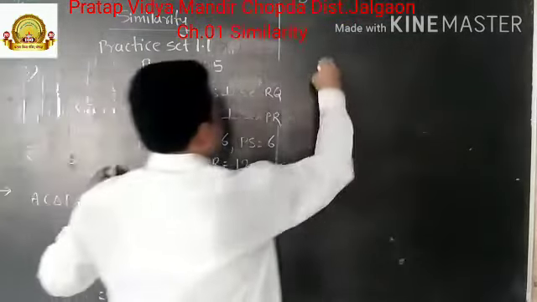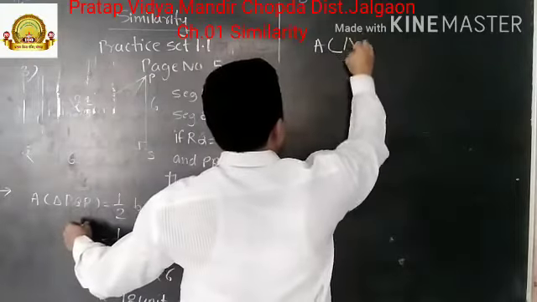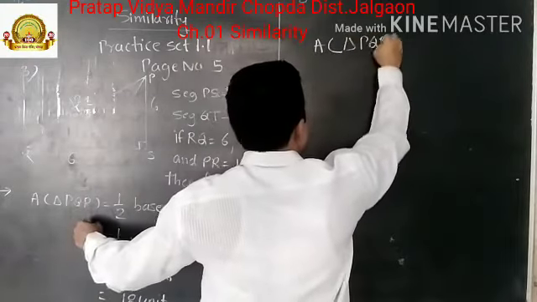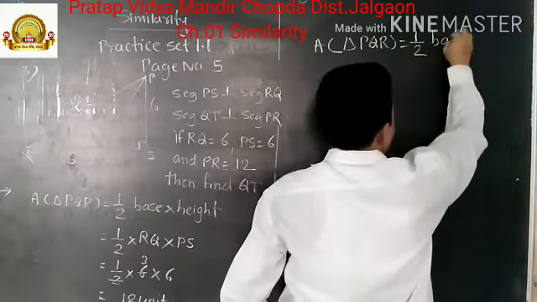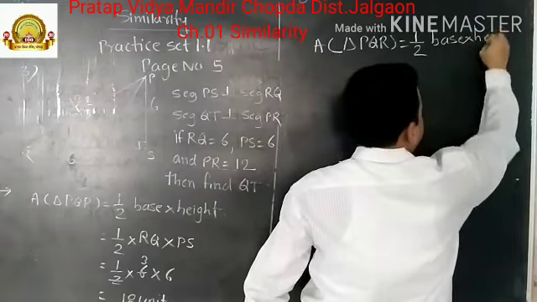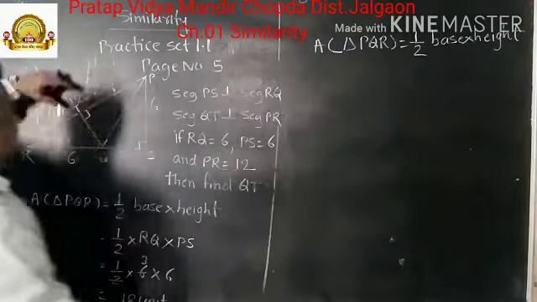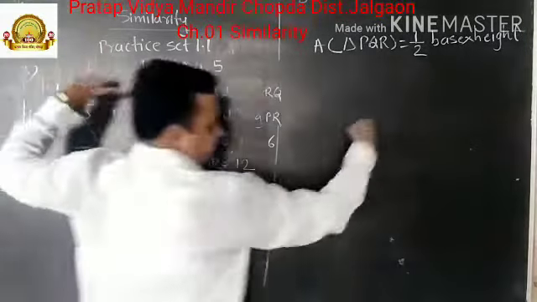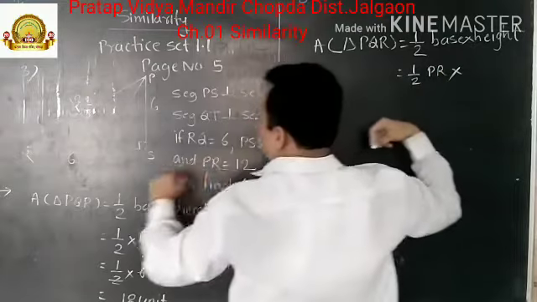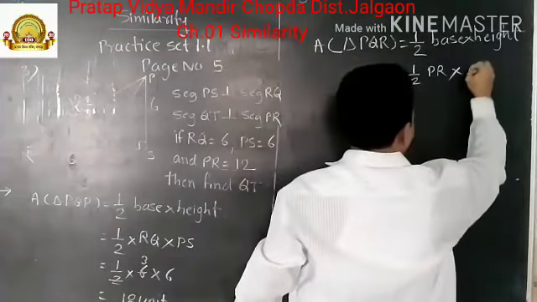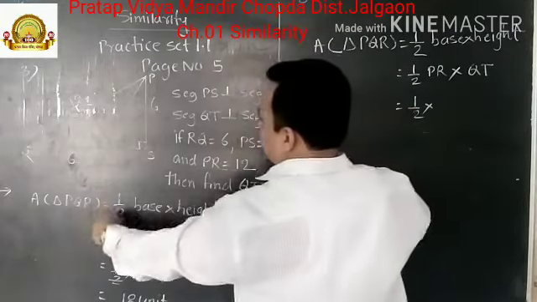Now we have to calculate the area of triangle PQR by the formula 1/2 base into height. In this condition, we take the base PR and height QT. 1/2 into, what is the value of PR?